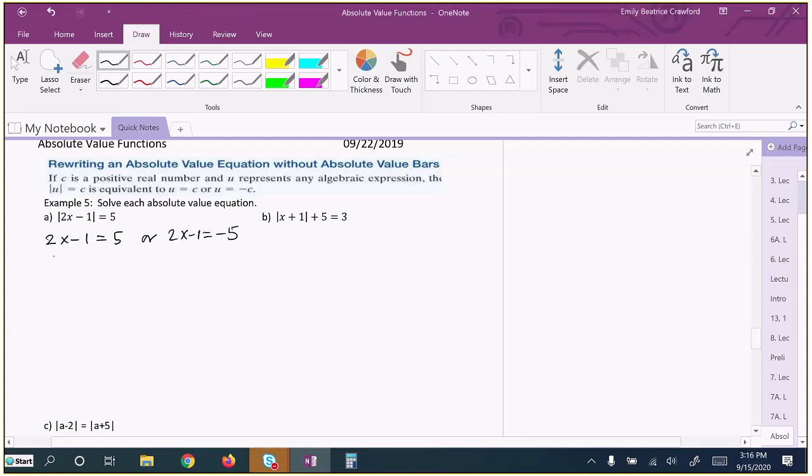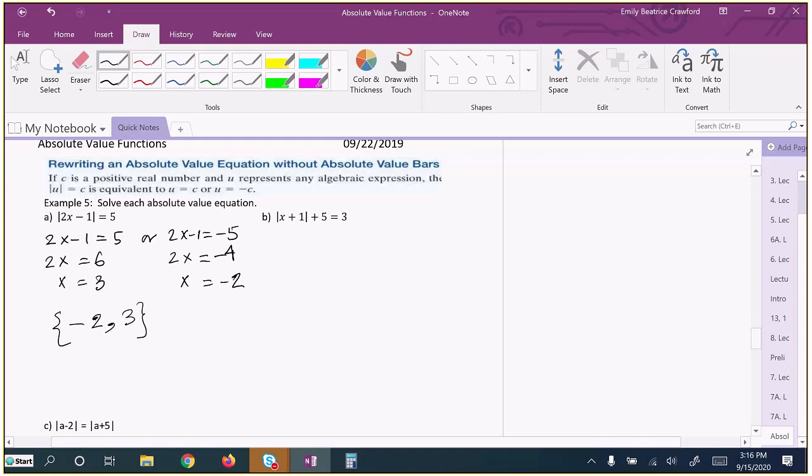Add 1 on both sides, so you get 2x is equal to 6. Then I divide both sides by 2, so I get x equal to 3. On the other side, add 1 on both sides, you get 2x is equal to negative 4. Divide both sides by 2, so x is equal to negative 2. So I get two solutions, and as a solution set, it should be negative 2, comma 3.